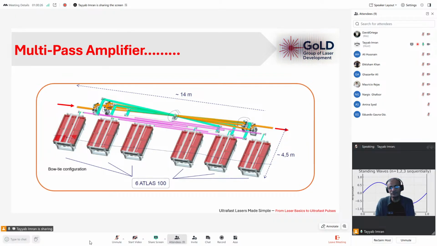You can see the green color; these are the pump laser beams, pumping this type of crystal, and you amplify. It's usually, I think, around petawatt peak power or something like this. This is the configuration. The purpose is to show how it looks or how it is configured.